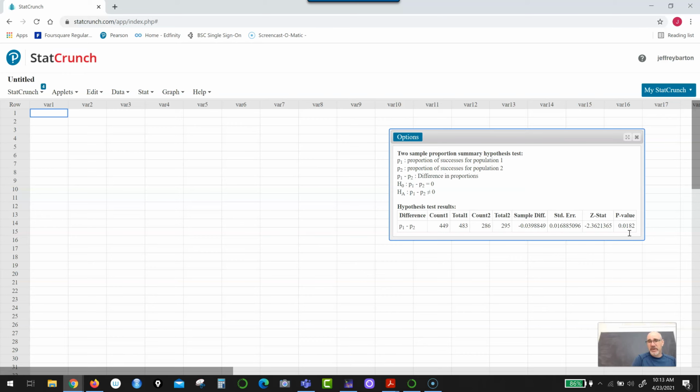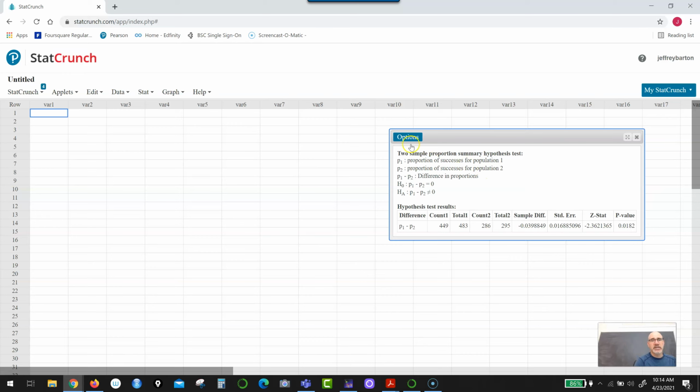And because that p-value is fairly small, just a 1.8% chance of that happening, and in particular because it's less than what was given for alpha at 0.05, this p-value indicates statistically significant evidence in our samples for a difference in the true proportions. So we would reject the null in favor of concluding that there is a difference in the graduation rates, and that the private school has a higher graduation rate.